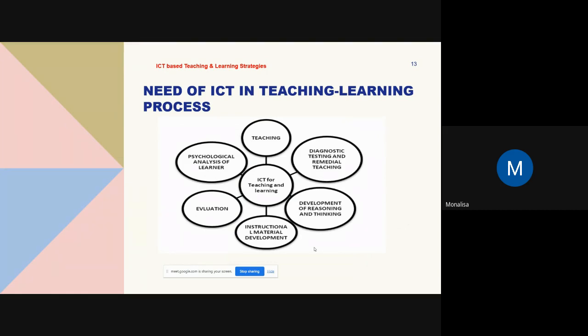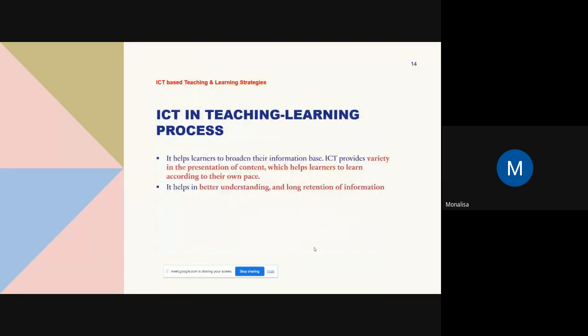You can see that ICT can be used in the teaching learning process. It can be used for diagnostic testing, for remedial teaching, for evaluation, for psychological testing, etc. Coming to the first need of ICT in the teaching learning process, most teachers feel comfortable using the lecture method, that you just use your chalk or marker on the whiteboard, which is not applicable for achieving various objectives of classroom instruction.